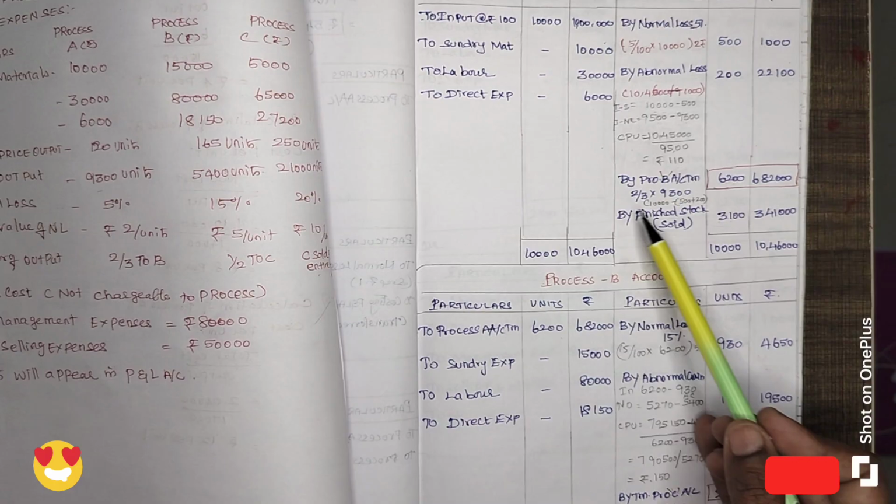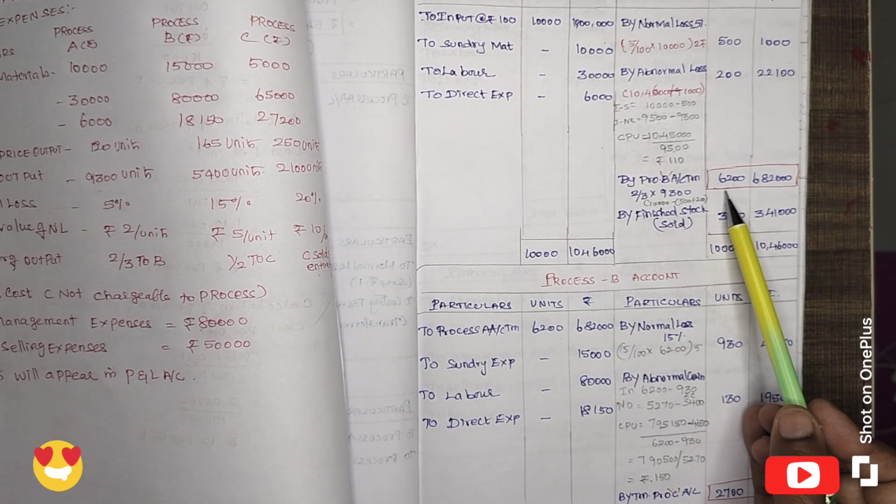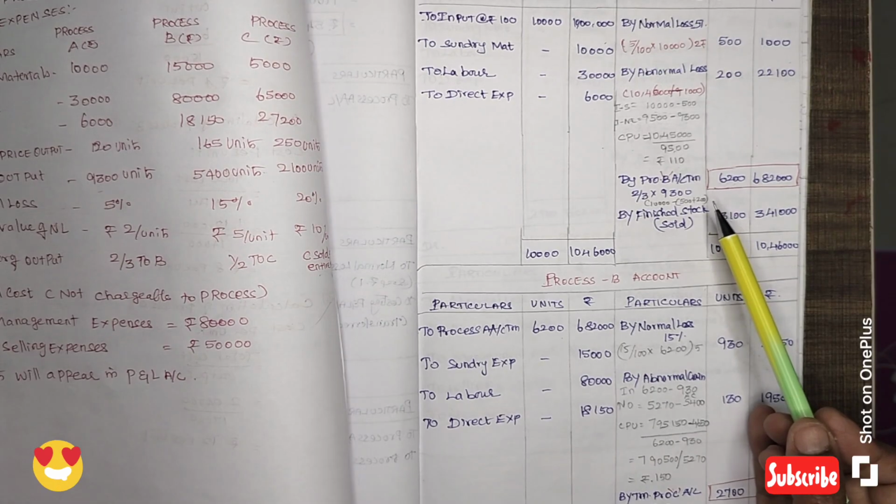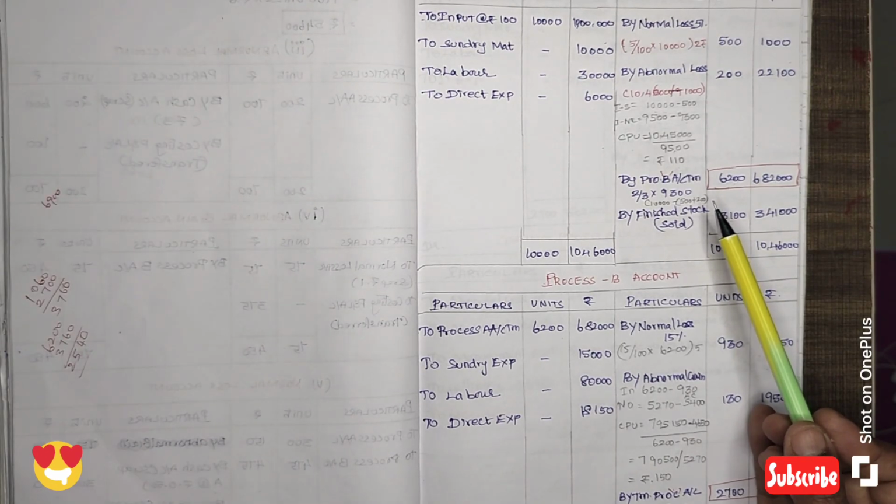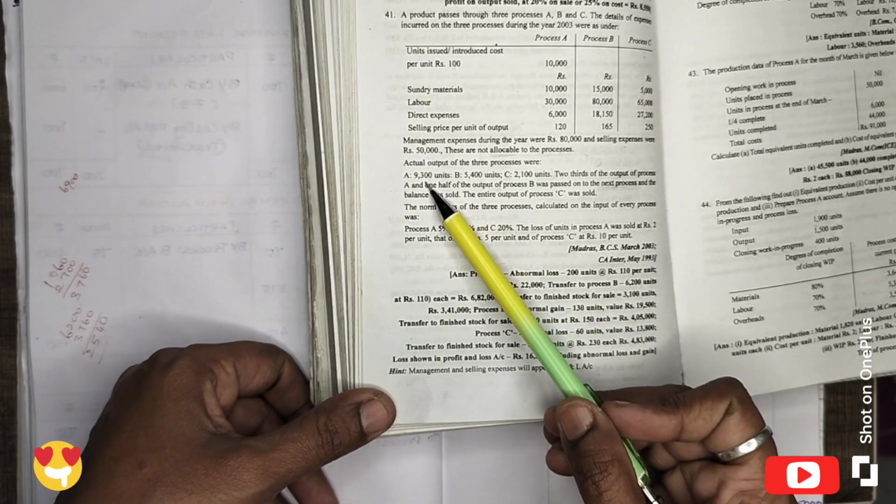Then find out the actual output at the end of process A. How can you find out the output? They have given it in the question clearly. Listen, process A's actual output is 9,300 units.